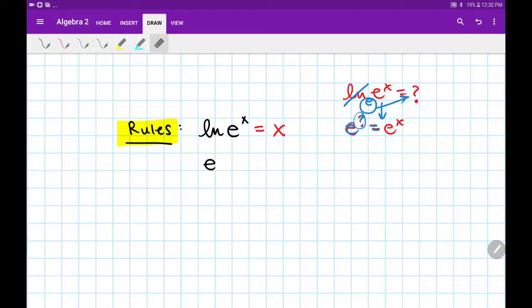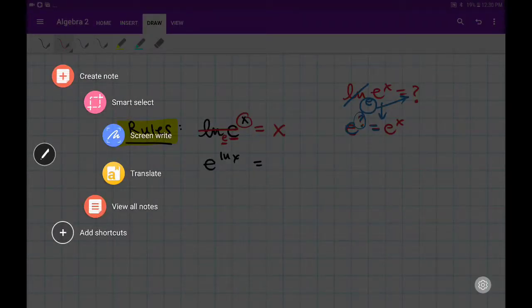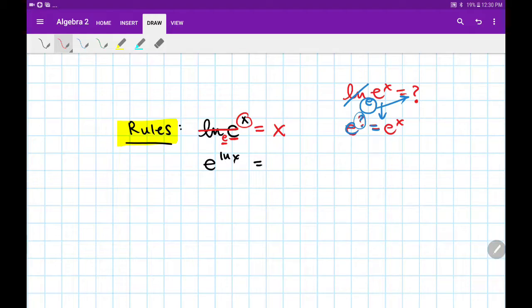So what you just learned is this property, which is that if I have the natural log of e, so my base here and my base here are actually the same, you can kind of cross them out and your answer is just what's left over. Same here, look. I have now in a different form.